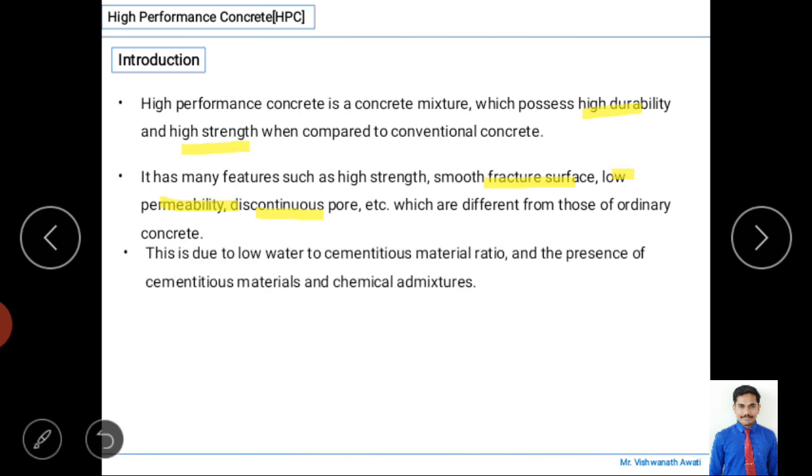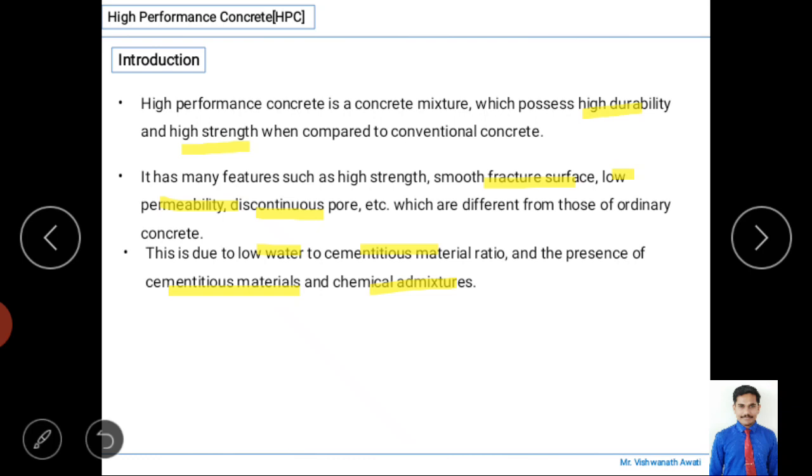This is due to the low water to cementitious material ratio, and the presence of cementitious material and chemical admixtures. We studied low water cement ratio, but in this we are using some cement replacement materials, and those cement replacement materials are called cementitious materials.